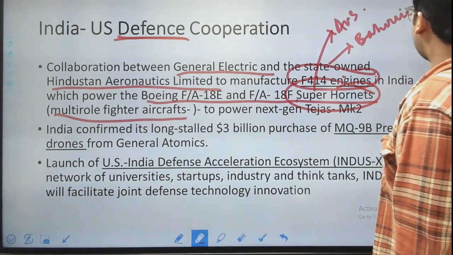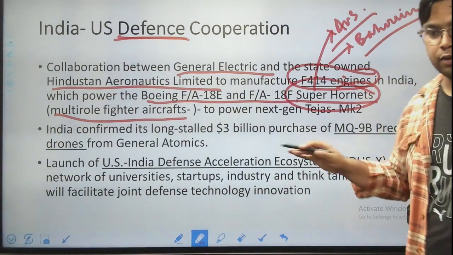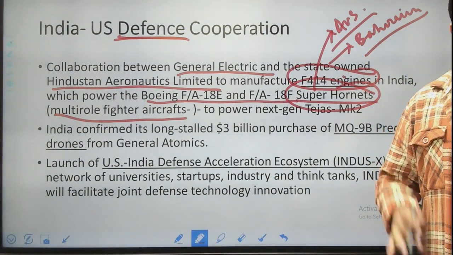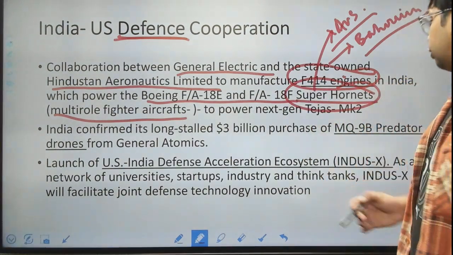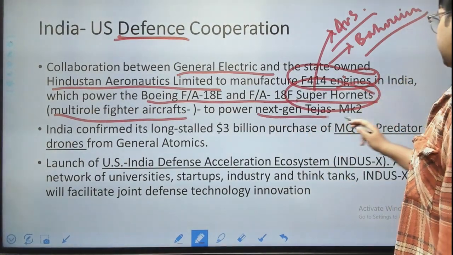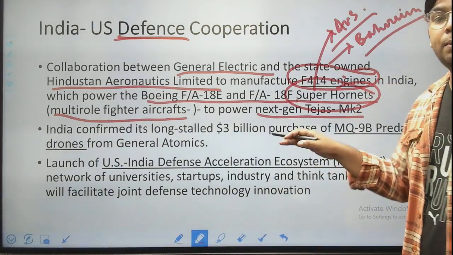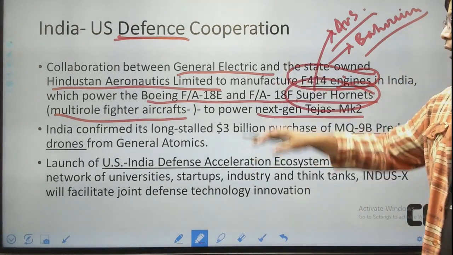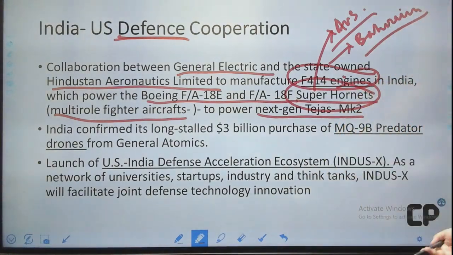Okay? Now India can supply engines to these countries also. However, more importantly, this engine is going to power the next generation Tejas Mark II aircraft also. And that will now be produced in India itself by Hindustan Aeronautics Limited. So this is a huge development.